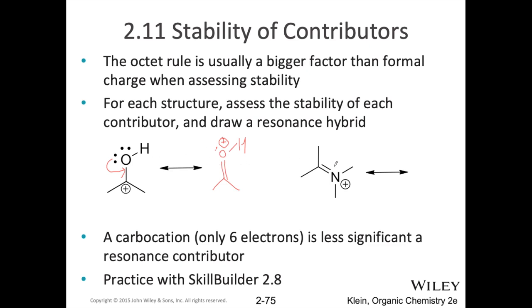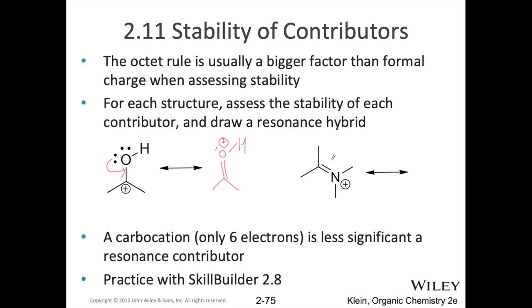In terms of what is worse, going under the octet rule is considered worse. So this is a less significant resonance contributor compared to this one. The one on the right is a little bit more significant than the one on the left, even though both of them, of course, aren't ideal. This one's probably just okay, but this one's probably less okay.